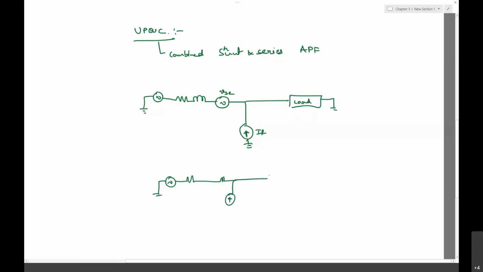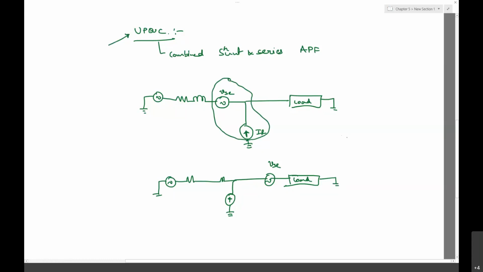But as far as I am concerned, I have some experience in this particular in-fed power quality conditioner, and I prefer to use this combined shunt and series active power filter. Why have they gone for this kind of in-fed power quality conditioner?